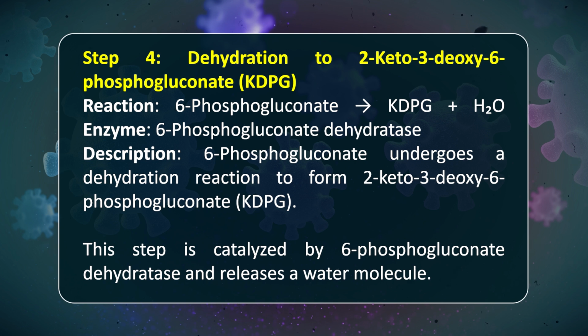The enzyme that is responsible is 6-phosphogluconate dehydratase, because here there is removal of a water molecule. 6-phosphogluconate undergoes a dehydration reaction to form KDPG. This step is catalyzed by 6-phosphogluconate dehydratase and releases a water molecule.